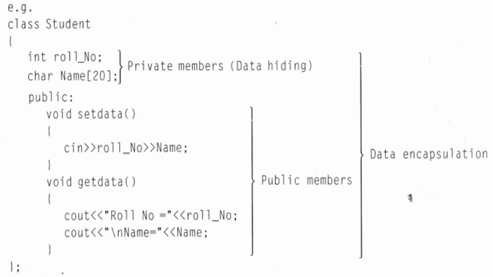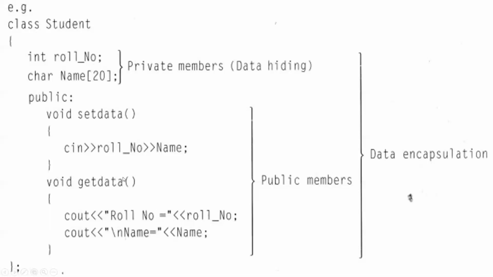In set data, we are just asking for the roll number. Cin roll number. You can also add a line here, cout, enter your roll number. In get data, we are displaying the roll number and the name.